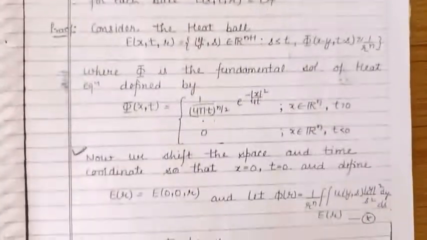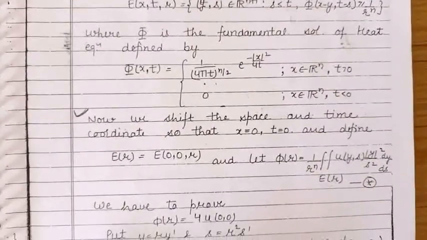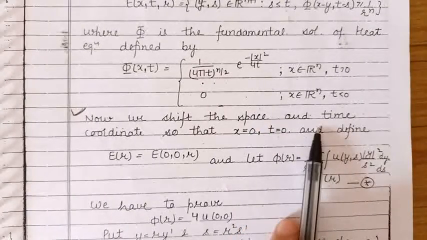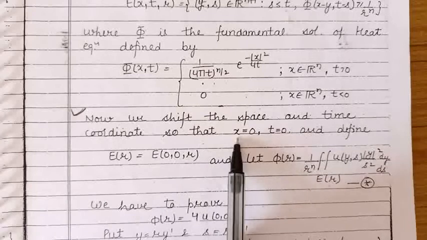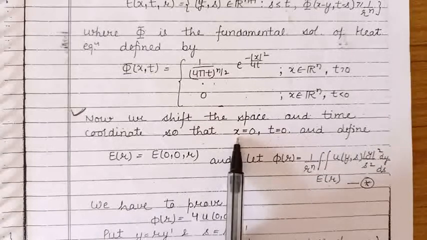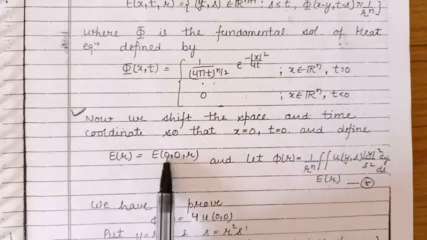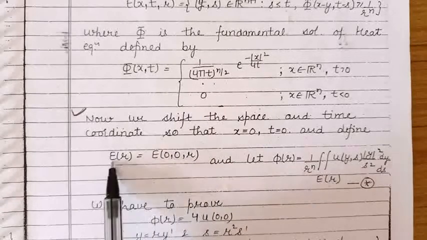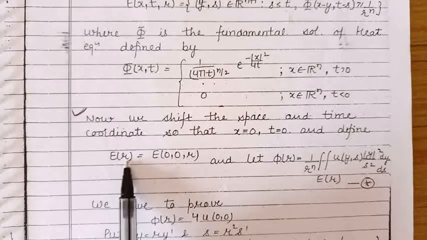To prove this property, first of all, let us shift the space and time coordinates so that x and t both are 0, and corresponding to x equal to 0 and t equal to 0, the heat ball is denoted by E(r), because this is a function of r only now.